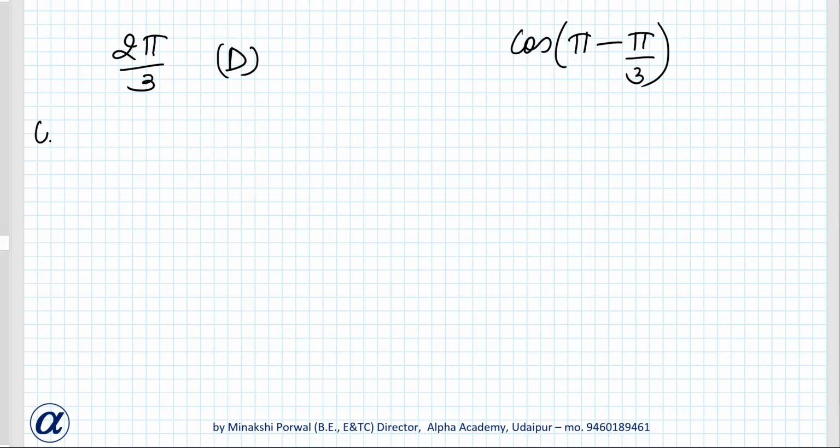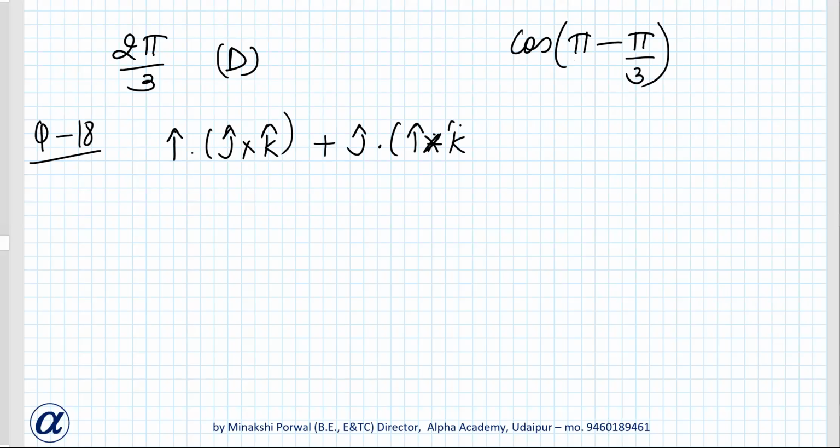Now question number 18. I cap dot j cross k plus j cap dot i cross k plus k cap dot i cross j is, okay.